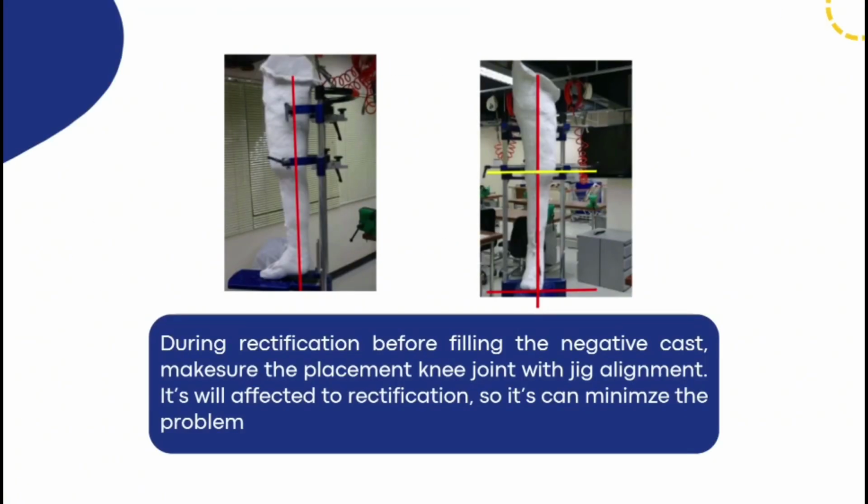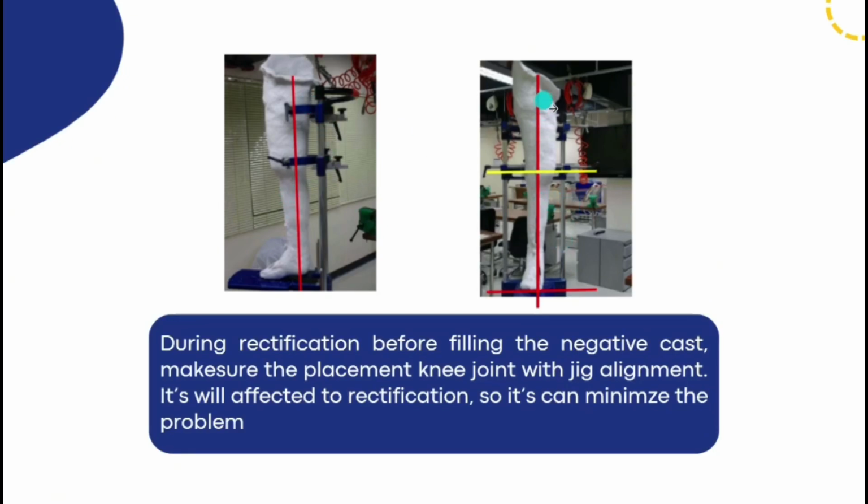During rectification, before filling the negative cast, make sure of the placement of the knee joint with the jig alignment. This is the jig alignment. It will affect the rectification. So during rectification, you can minimize the problems that you have.